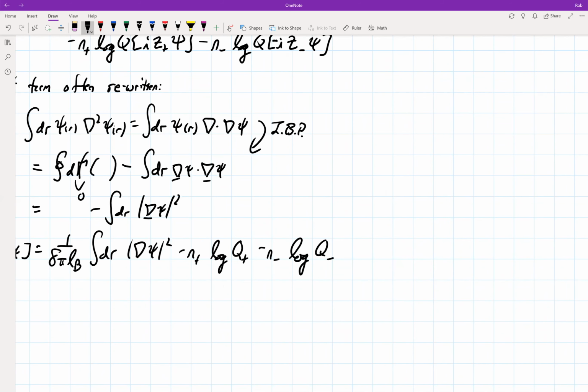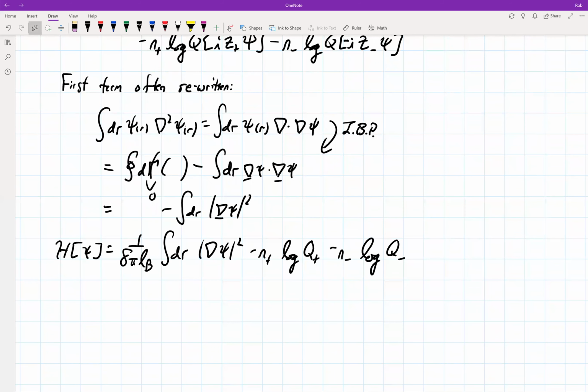And they still have the same functional dependence on the fields. All right, so again, we've gone through the particle to field transformation. We have our formally exact partition function with all of its glorious prefactors and everything.